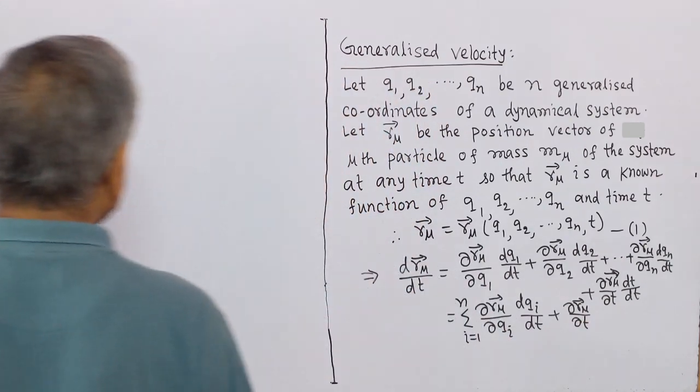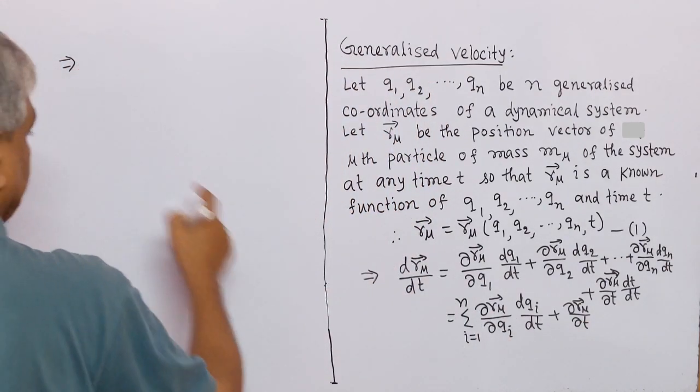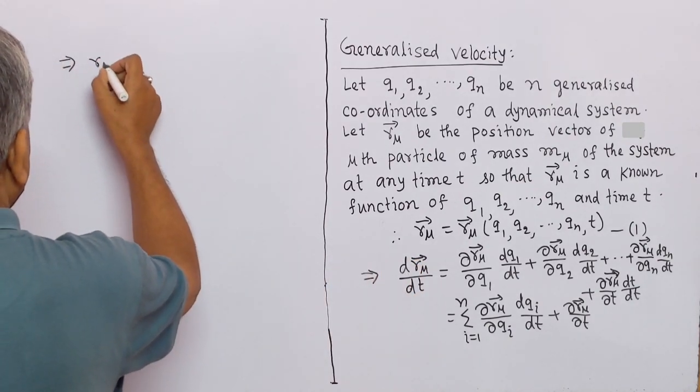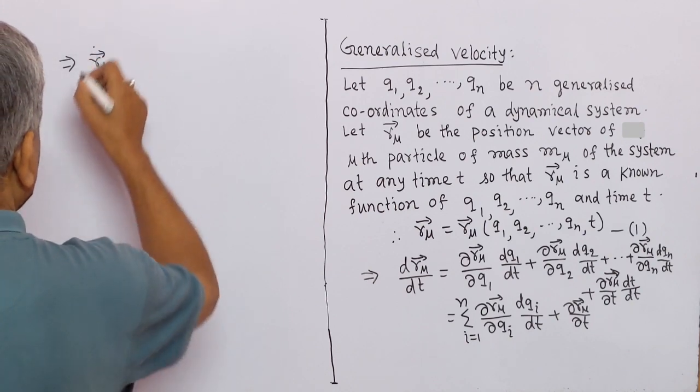We may write this as dr mu by dt as r mu vector dot.